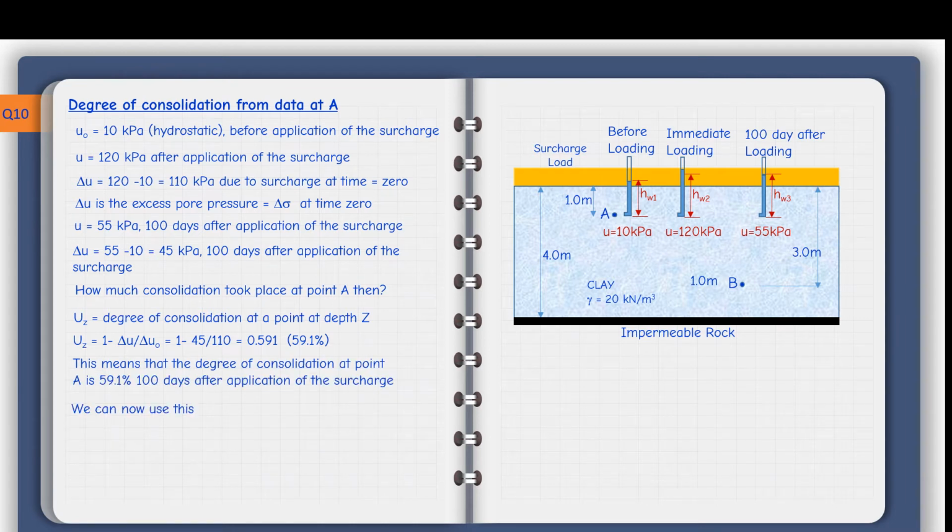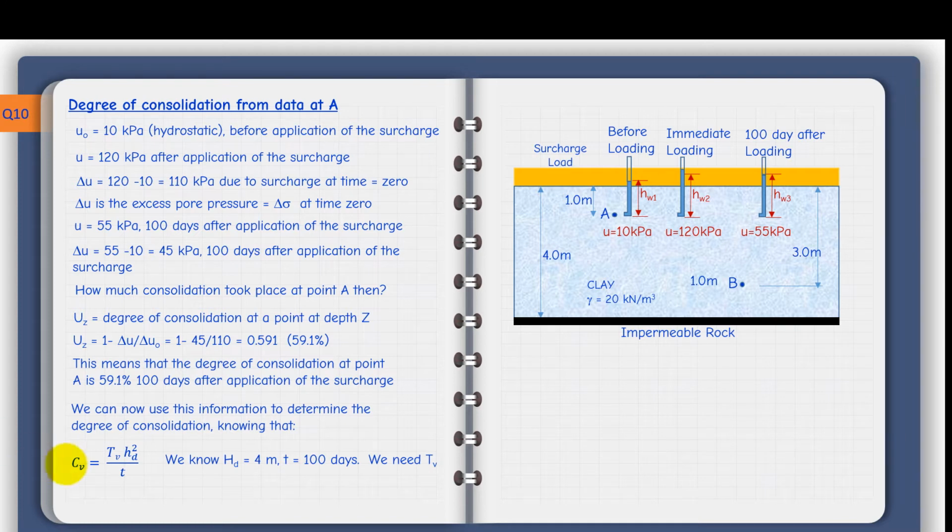So this means that now we can use this information to determine the degree of consolidation from this equation, which should be very familiar to you, which links the coefficient of consolidation, the time, and the time factor. Also included here is the length of the drainage path.